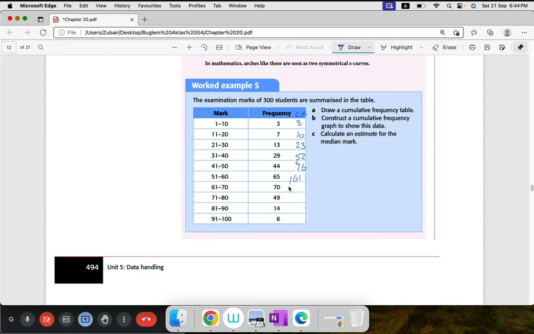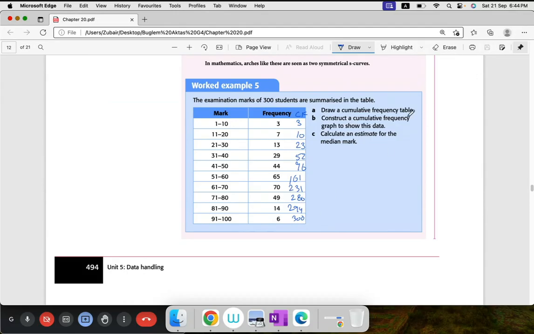And this is one more thing: if we don't get the total the same, definitely I missed a number or mistyped it. 231 plus 49, plus 14 and 300. So I got the cumulative frequency.